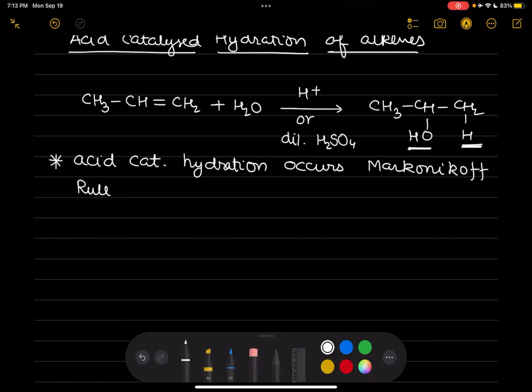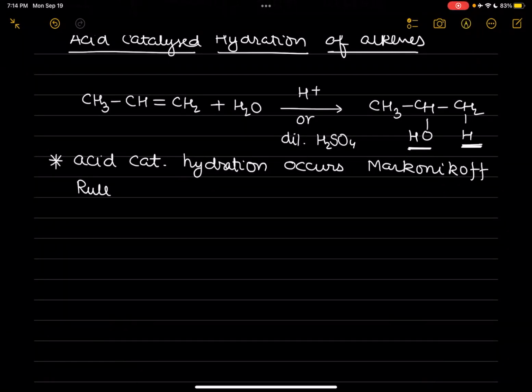So H plus, dilute H2SO4. It occurs through Markovnikov rule, and what the Markovnikov rule says, just quickly we can recap.